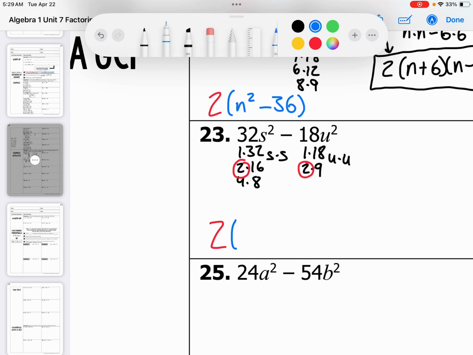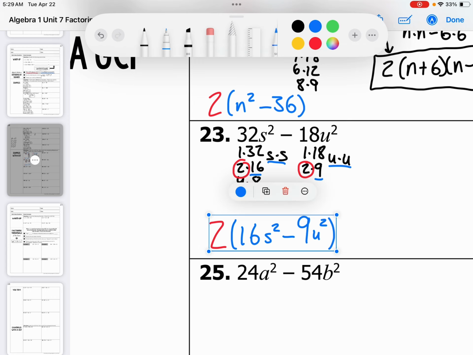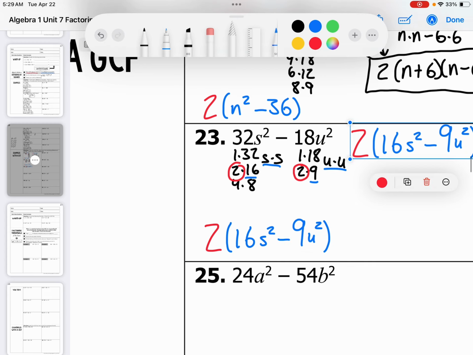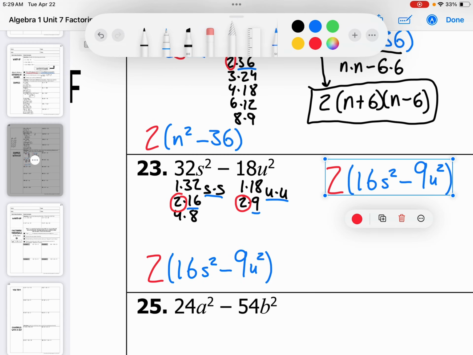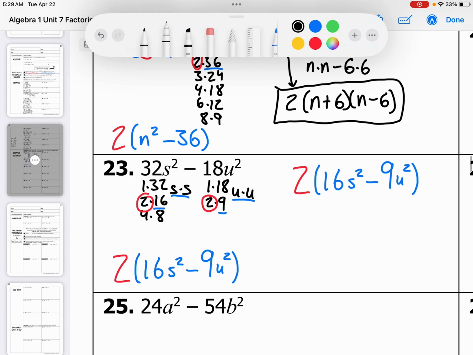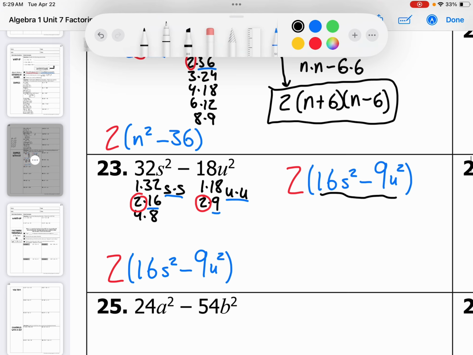So then what's left over is going to be 16s squared minus 9u squared. So then I look at what's left over.